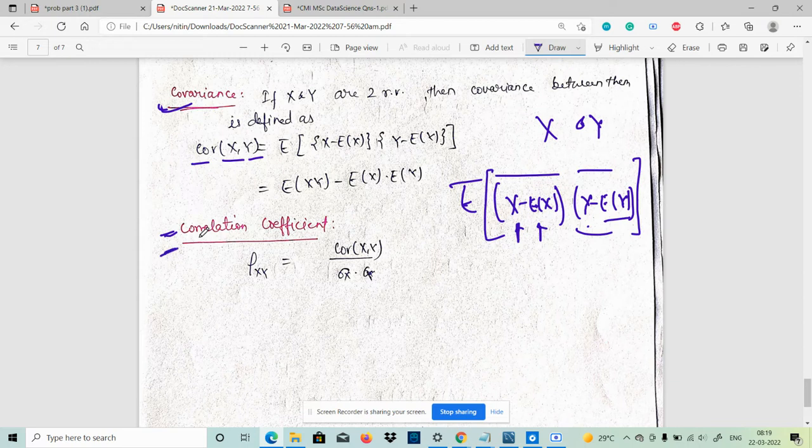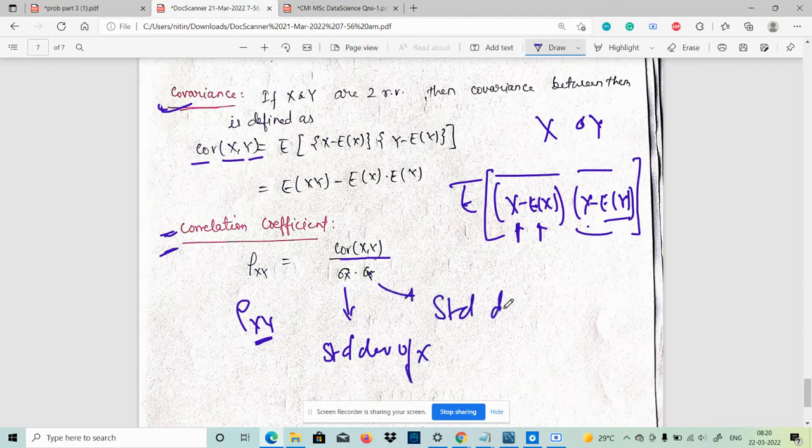The correlation coefficient is represented by rho x y. It means the correlation coefficient between x and y. It is nothing but covariance of x and y divided by sigma x, the standard deviation of x, and sigma y, the standard deviation of y.